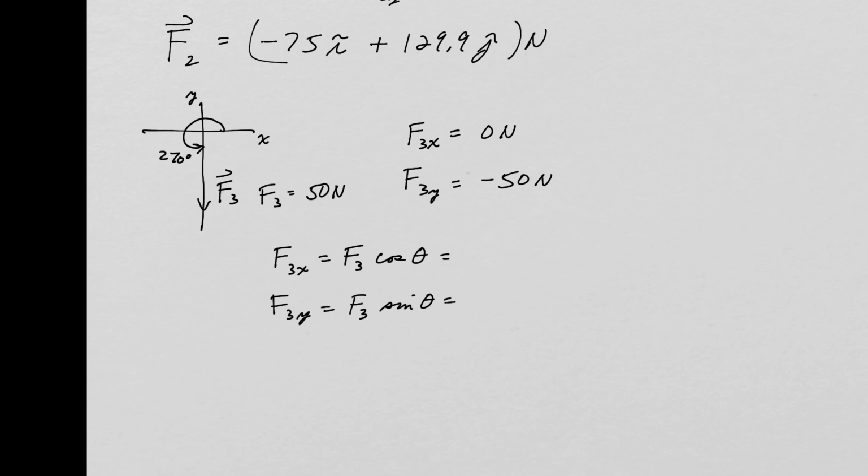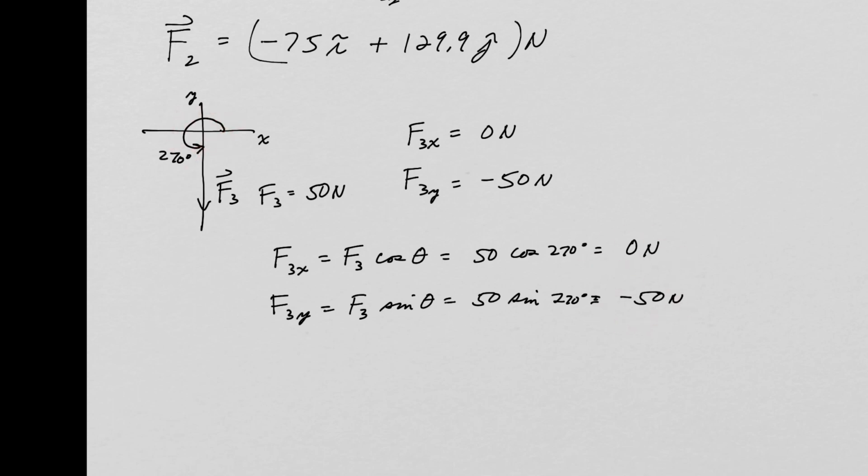So this would be 50 times cosine of 270, and that will give you 0. And 50 times sine of 270, you'll get negative 50. It'll actually come out negative, right? You don't have to do anything with the sign, because if you use the angle from the positive x counterclockwise, it'll automatically give you the correct sign.